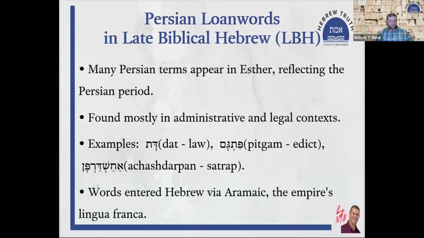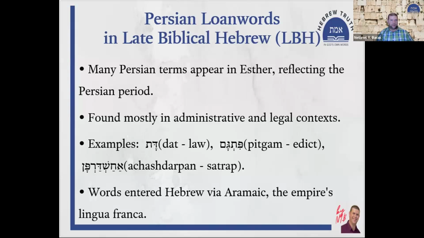And Aramaic also. Sometimes we forget, but the Aramaic, which was not the native language of the Persians, was nonetheless their official language of choice for running their kingdom.